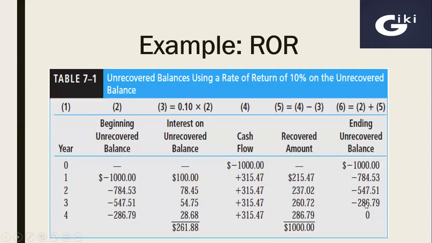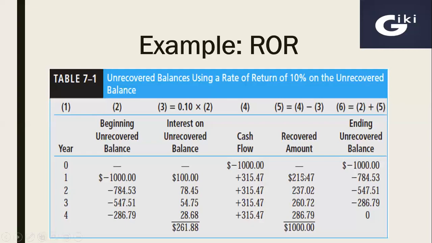In the next time period we will calculate interest on $286.79, which is 28.68, and the total cash flow 315.47 minus this interest amount, the remaining recovered amount in the fourth year will be 286.79.